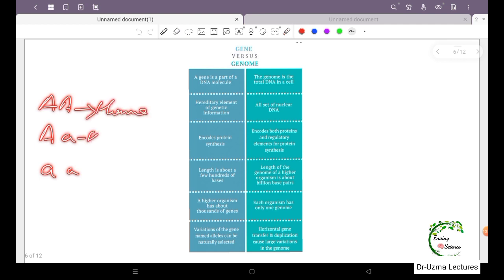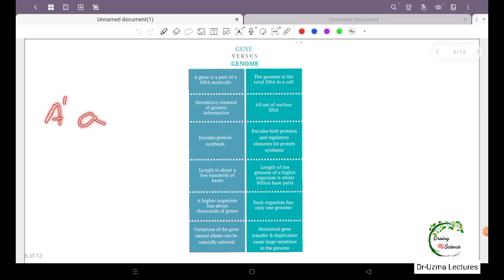This capital A and this small a. These both are alternating. When I ask you what is written over here, you just say that it is A. But if I ask you what is specifically written over here, you will tell this is a capital A, this is a small a. Then horizontal gene transfer and duplication cause large variation in the genome.